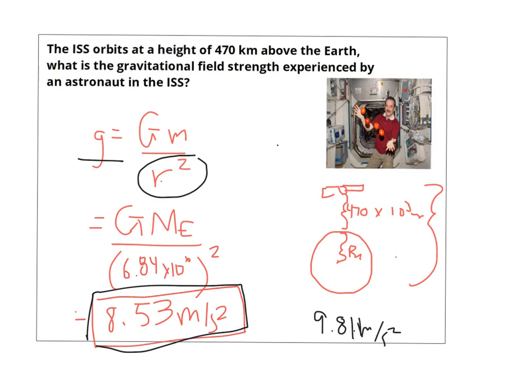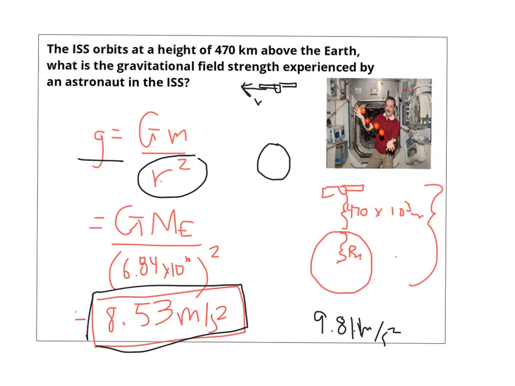Now, what an orbit is gets at the misconception, because gravity there is actually pretty significant. It's only 470 kilometers above. But what satellites and the space station do is they have a very large velocity and they're moving very quickly. So they are actually falling to the Earth.